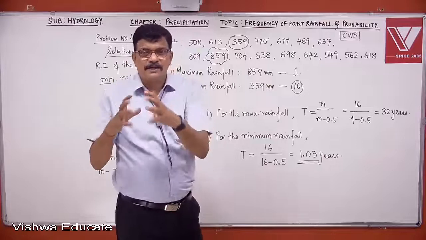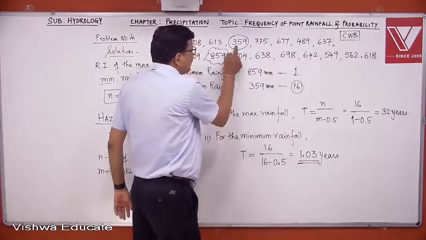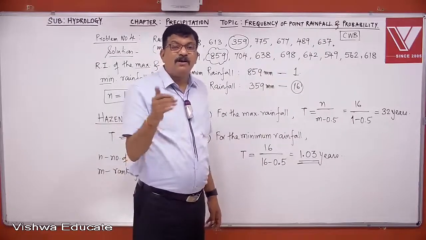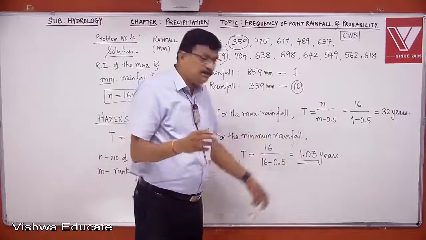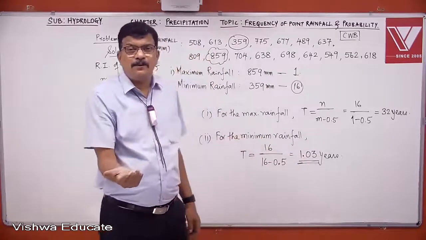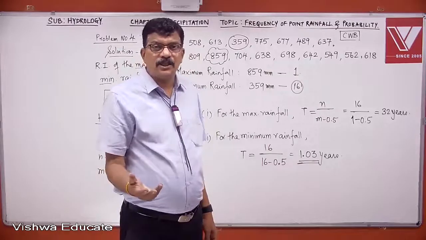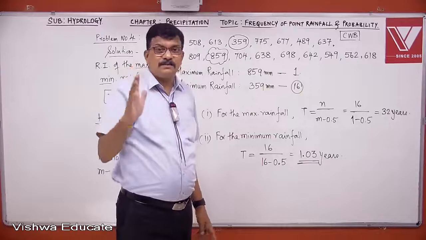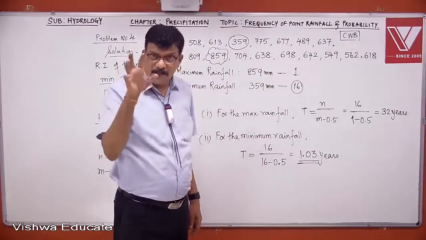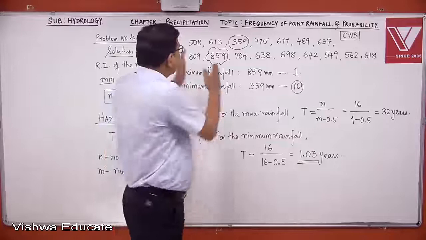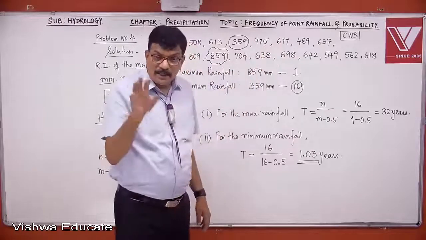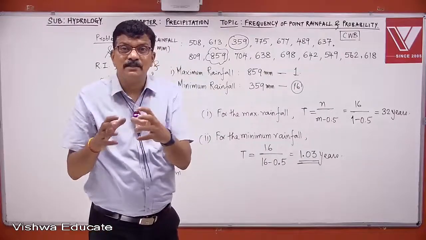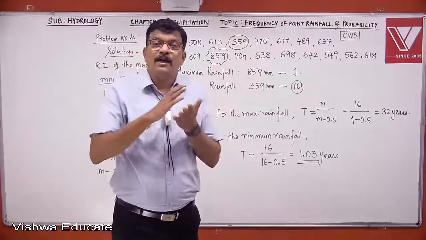So for that particular catchment, a rainfall of magnitude 359 millimeters will occur once in a year, almost, because it is 1.03, it's hardly about 1 year and few days. And so we can say this rainfall will recur every year. So in that region for which this data is mentioned, a minimum rainfall of 359 millimeters or more will occur every year.